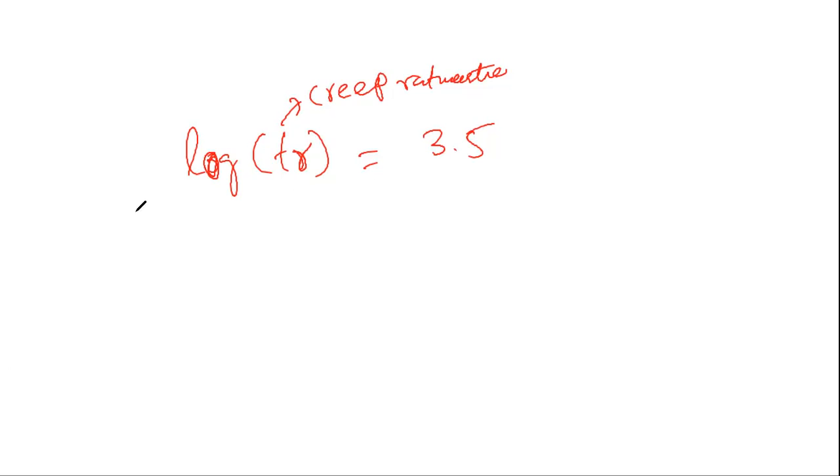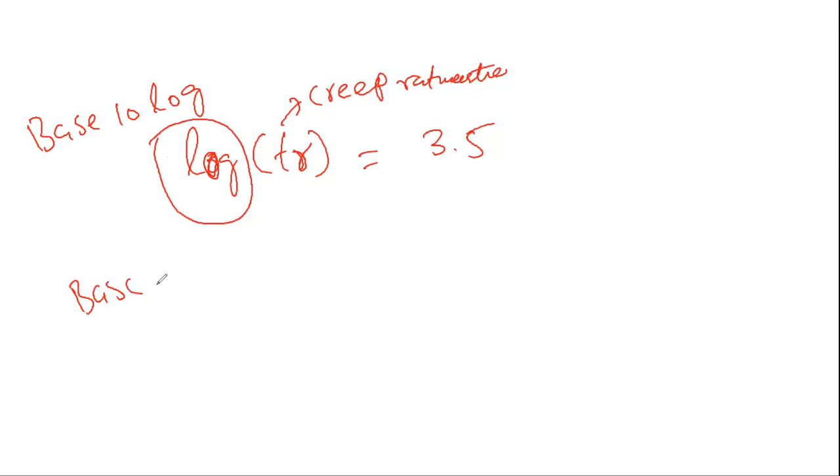No. Okay, so this is what we call the base 10 log, right? It's log. And this is the base e log, which I write like this, ln, right? So this is base e log and this is base 10 log.